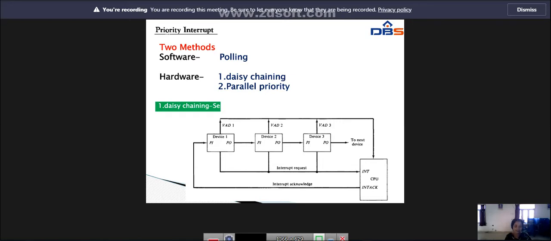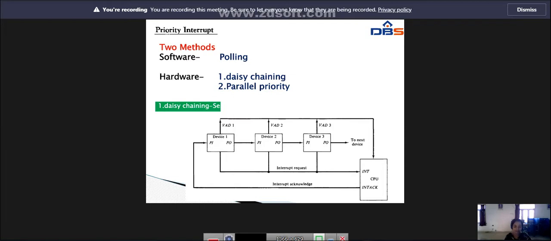Through this acknowledgement line, the CPU responds to the devices. The signal is received by device 1 at the priority input PI.